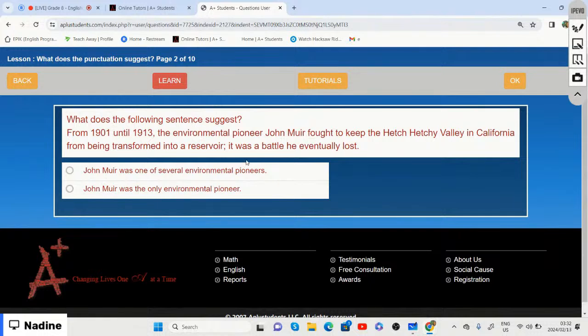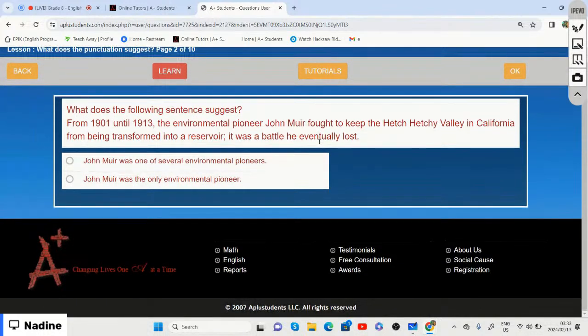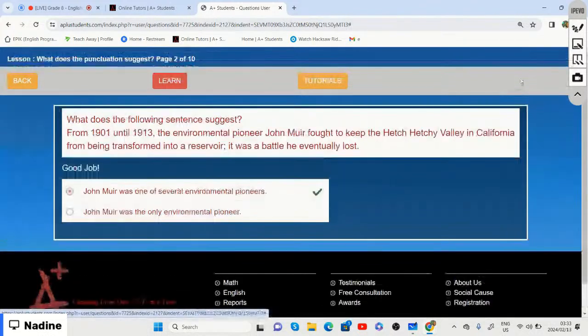Which one is correct? All right. So we said that John Muir was one of several environmental pioneers. So well done.